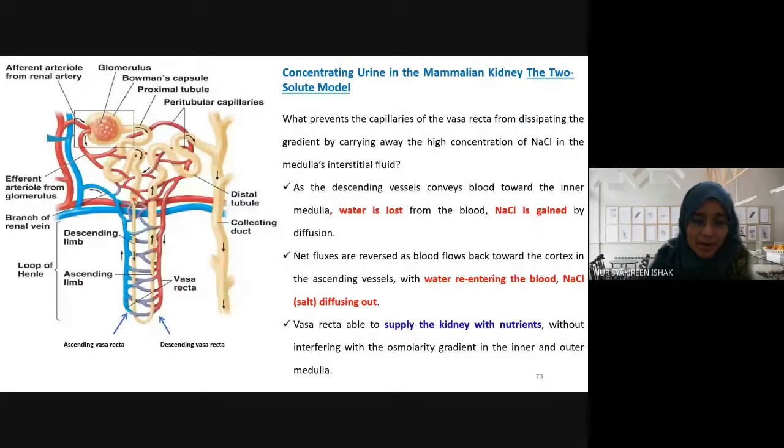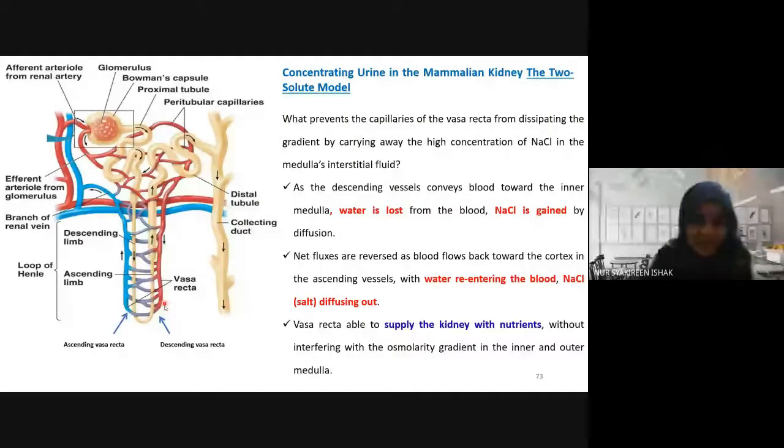The flow of the filtrate in the descending limb of loop of Henle is in the opposite direction to the blood in the ascending vasa recta. See here? Similarly, the flow of filtrate in the ascending loop of Henle is in the opposite direction to the blood in the descending vasa recta. Look at the arrows here.